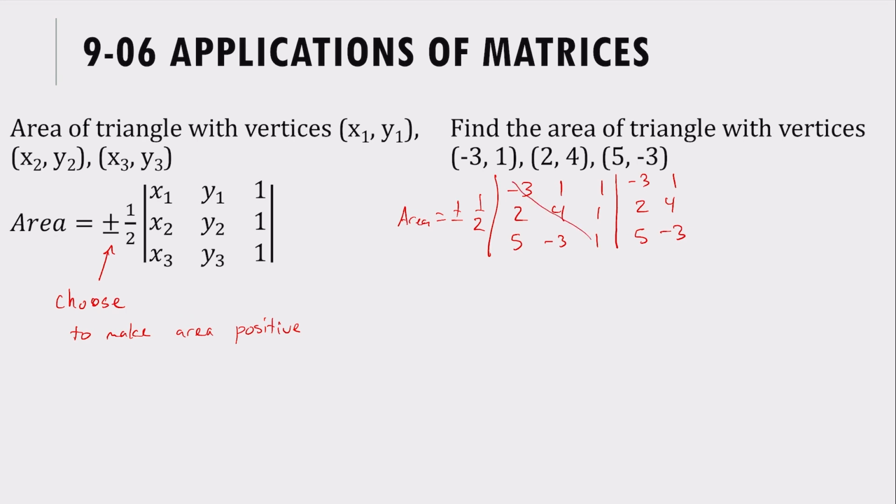So it looks like we get plus and minus 1/2, don't forget that's still there, negative 12 plus 5 plus negative 6 minus 20 minus 9 minus 2.